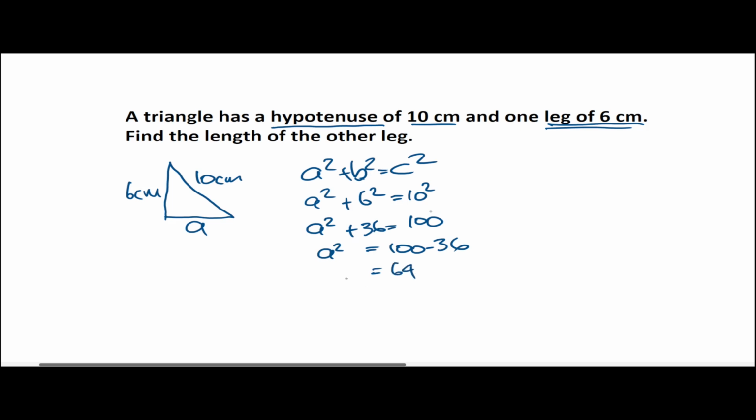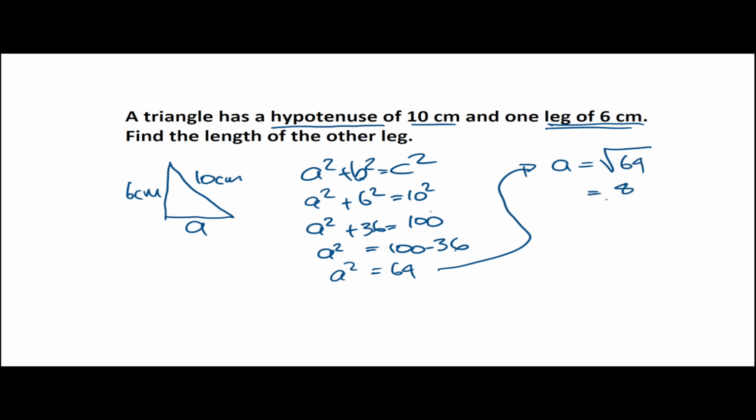So a squared is 64, therefore a must be equal to the square root of 64, and hopefully you know that that's 8. It's giving me examples here where the answers are nice round numbers. 8 what? 8 centimeters, and that's our final answer.